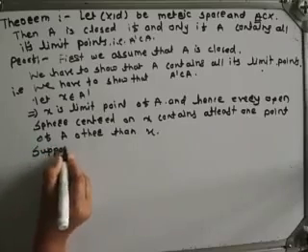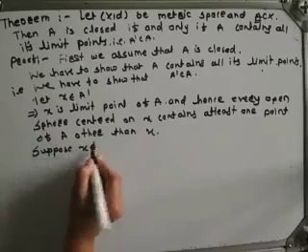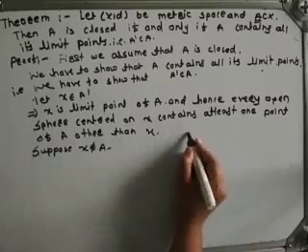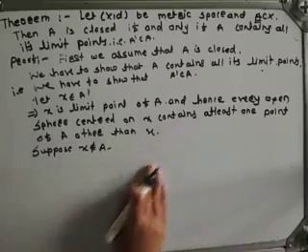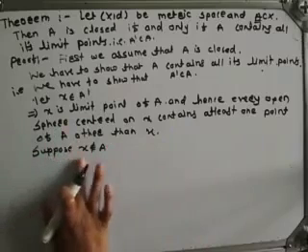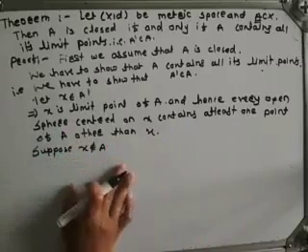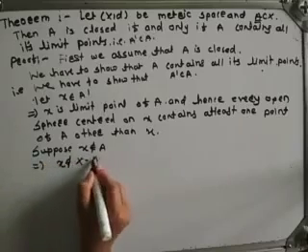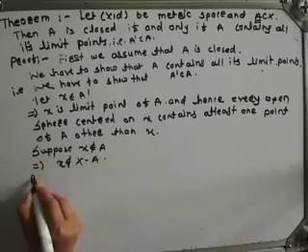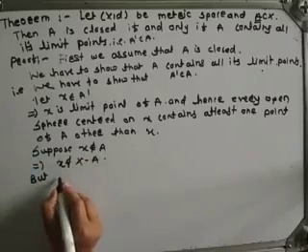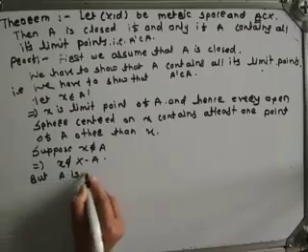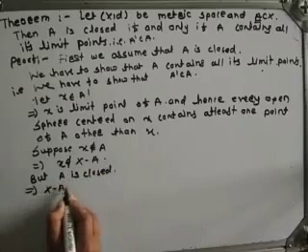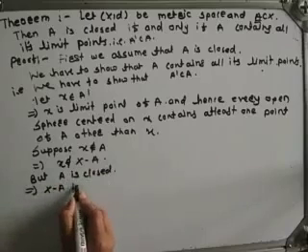Suppose x does not belong to A. Students, remember that a limit point may or may not belong to A. So x belongs to A complement, that is X minus A. But we have assumed A is closed, which means X minus A is open.